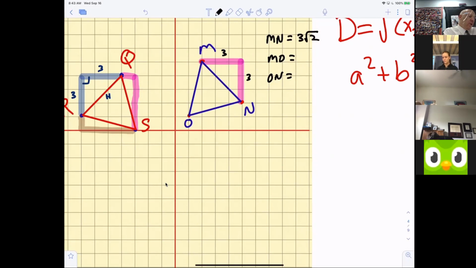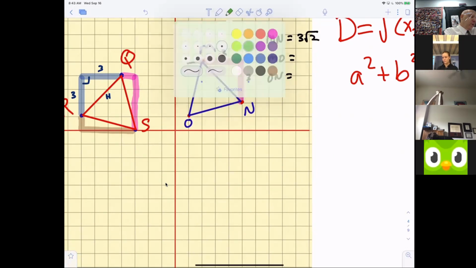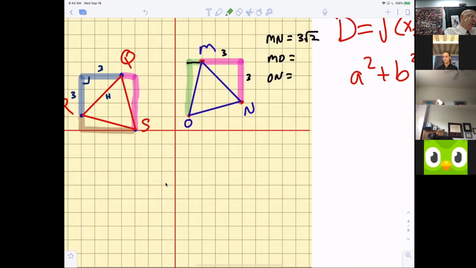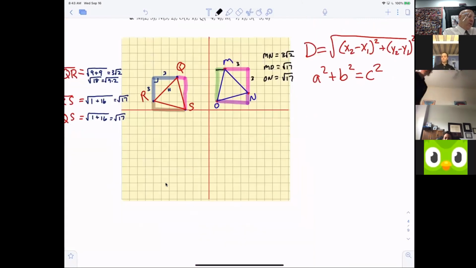Then I'm doing MO from here to here. Does everybody see that's radical 17? Good job, guys. I need you to see that. Don't take my word for it. And then over here, it looks the same. Do we agree? Radical 17.